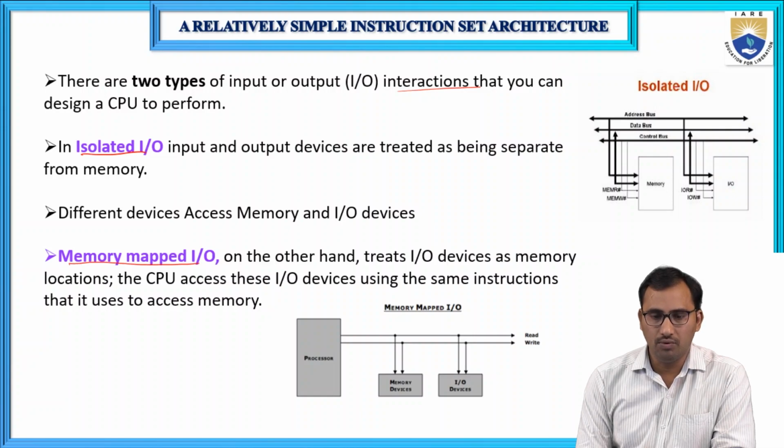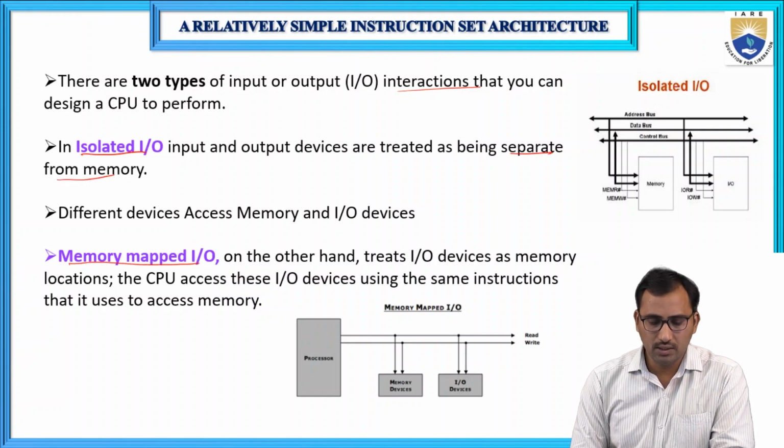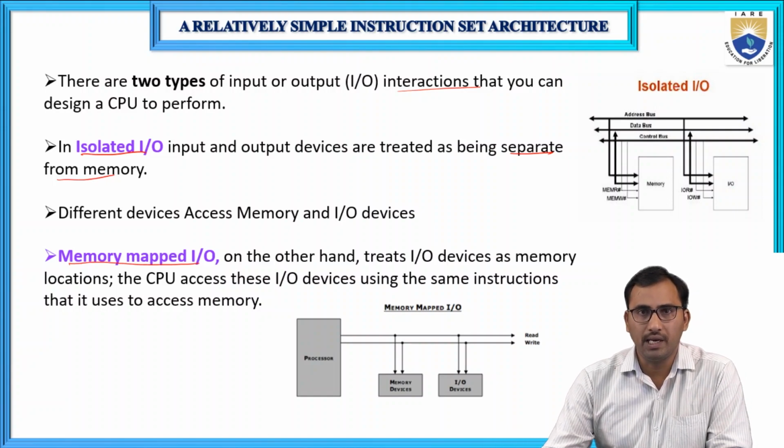In isolated I/O, the input and output devices are treated as being separate from memory. The name specifies the meaning: the addresses for the memory and the addresses for the I/O devices are separate, not using the same address.